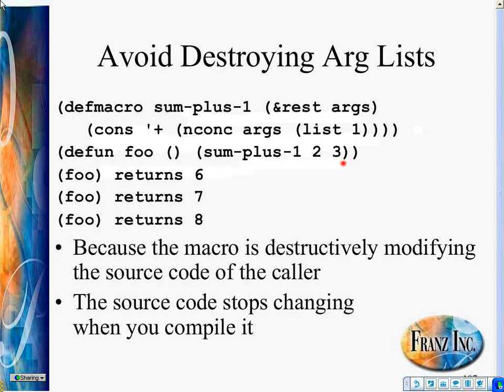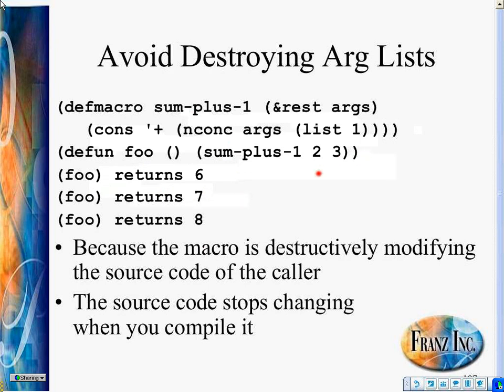Now we define foo to be sum-plus of 2, 3. The argument list here is bundled up into a list containing 2 and 3, and nconc is modifying that list. So the first call returns 6, which is right: 2 plus 3 is 5, plus 1.